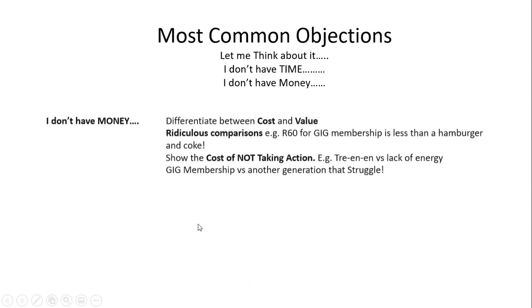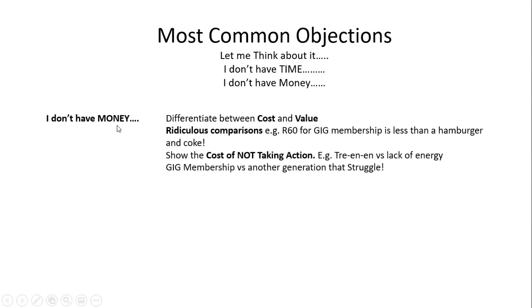Then another popular one is, I don't have the money. And there you must be clear. Remember our negative words versus positive words. Explain to them the difference between cost and value. And so cost is obviously what is the asking price for an item, but what is your value out of that item?